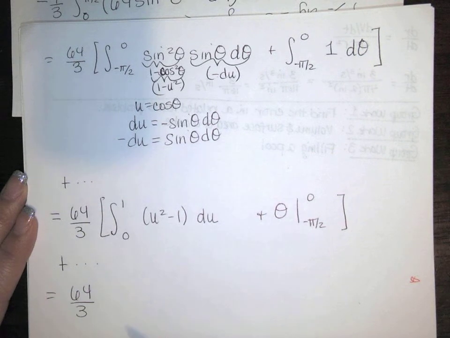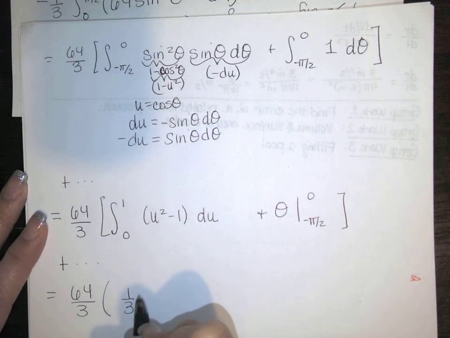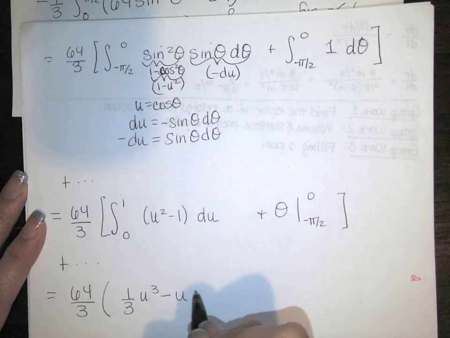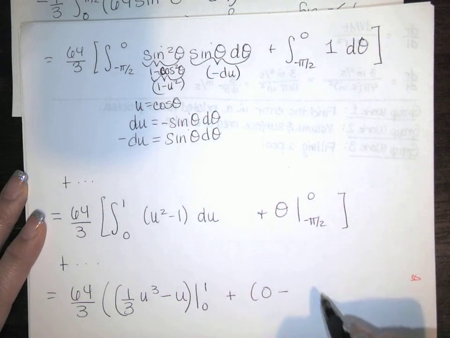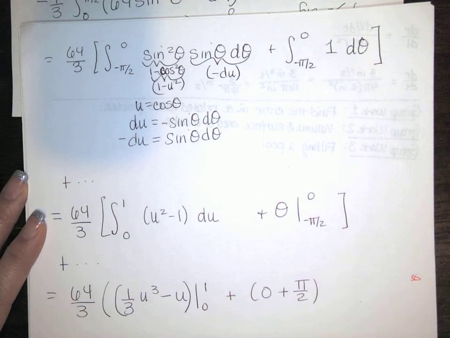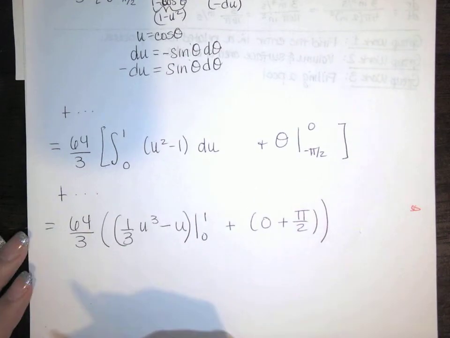So we've got 64 over 3 times the antiderivative of this. Add 1 to the exponent, divide by the new exponent. Subtract your variable, evaluate that from 0 to 1. Over here, substitute in 0, substitute in negative pi over 2. So we're subtracting a negative, that'll make it positive. So we get that.